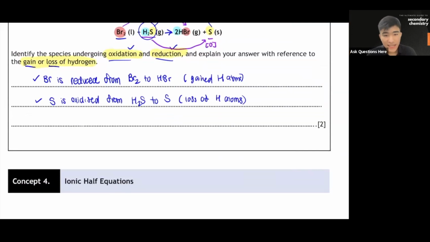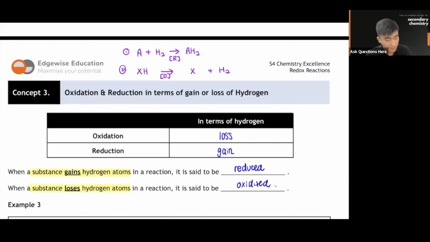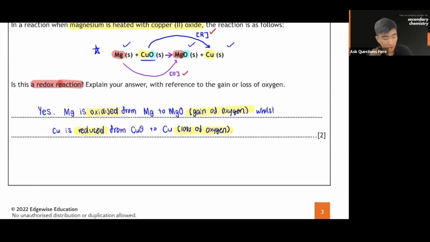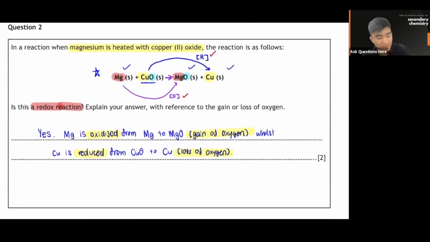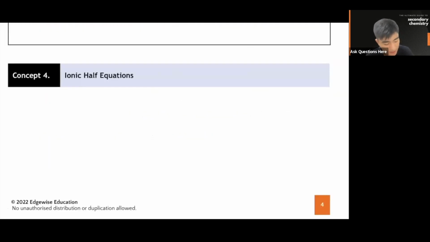Now, ionic half equation is an idea that I want to re-emphasize again, because this one over here is quite important. So let's look back at page number 3. Let's look at this equation over here very specifically. I'm going to copy this equation and bring it down into the next part over here, the ionic half equations.